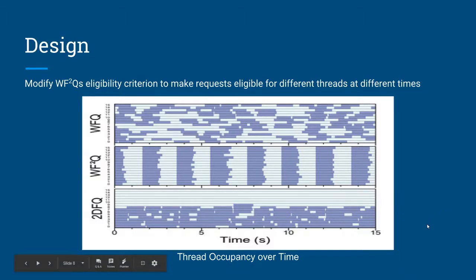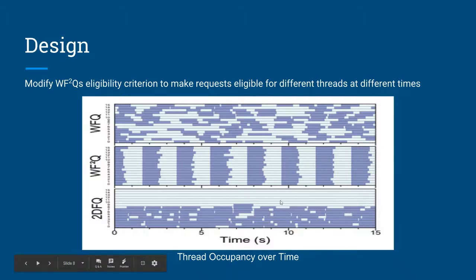So here's how it looks. This is a thread occupancy chart, and it's showing you basically how the different threads are utilized and which ones end up filled up with very small requests and which ones end up filled up with large requests.